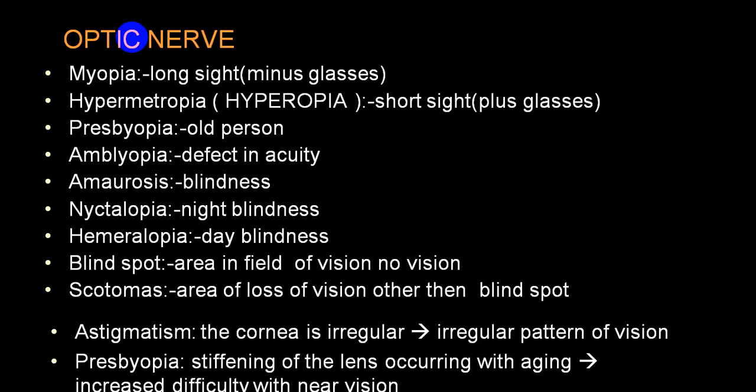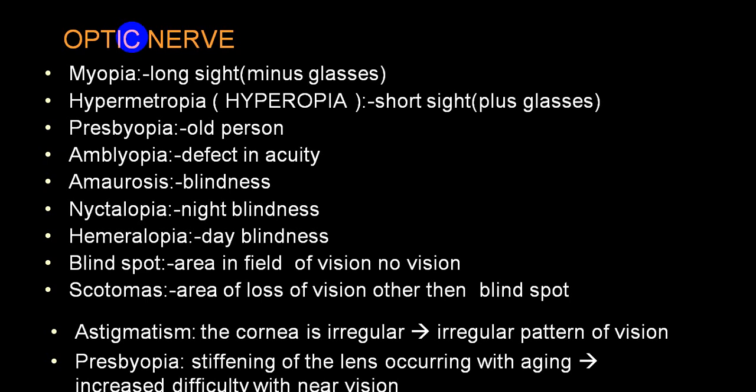Amblyopia is a word utilized for defect in acuity of vision. Amaurosis means blindness. Nyctalopia means night blindness. Hemeralopia means day blindness. These are some of the words which can be asked in your oral.